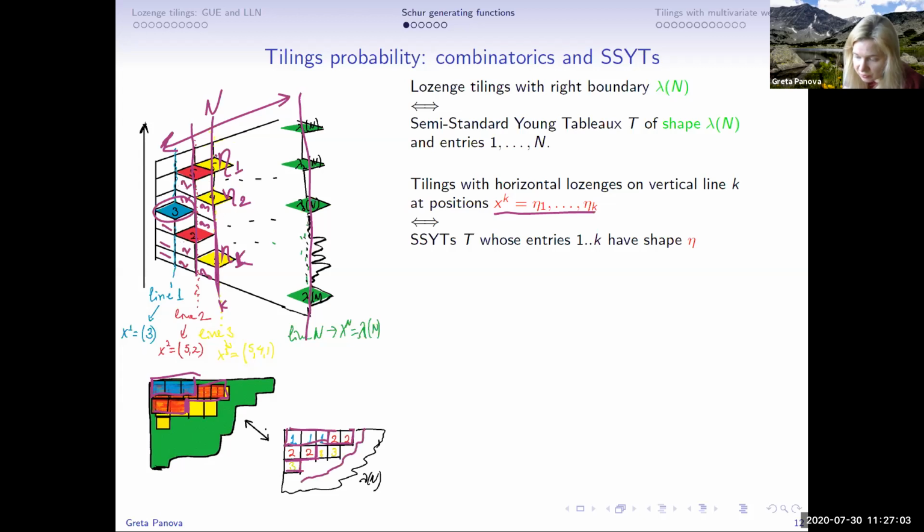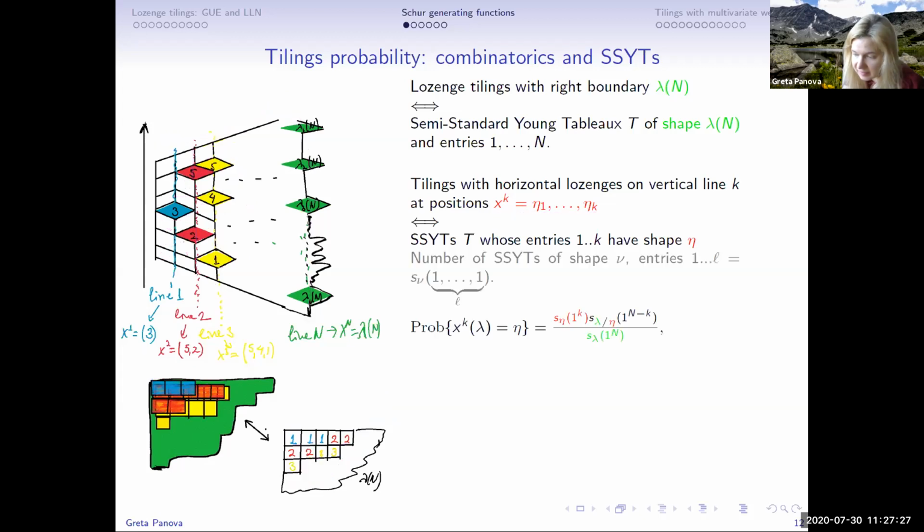So if we are going to look at this x k to be equal to eta, it means that the numbers from 1 up to k have to appear in a shape of a semi-standard Young tableau of shape eta. So what is the probability that we see this in this case?